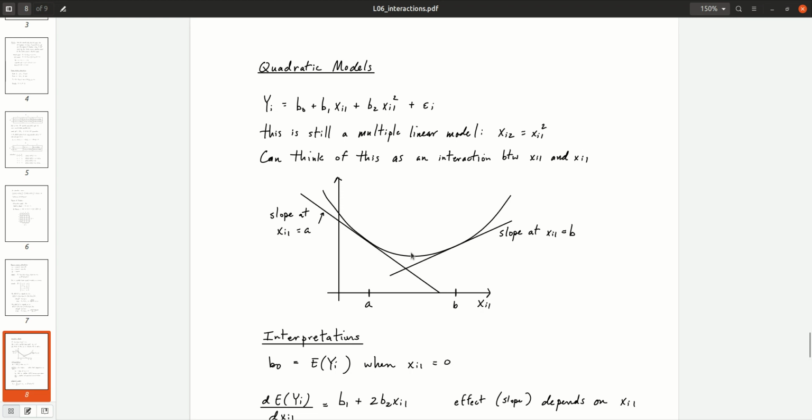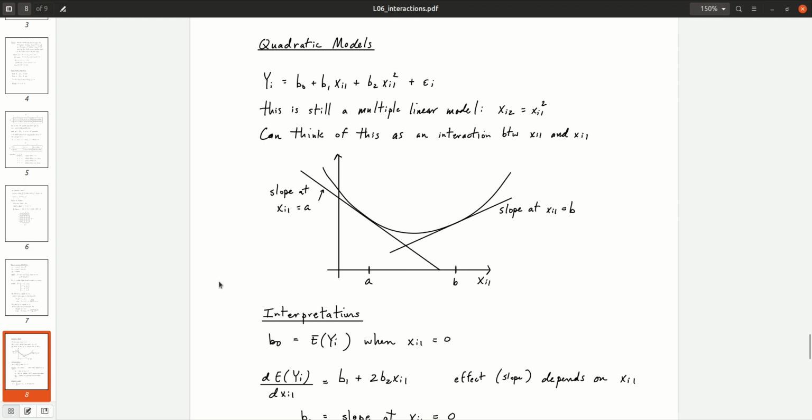However, because the quadratic curves, if we look at xi1 equals b over here, the effect of changing xi1 is to increase the expected value from here. So this is the reason I say we can think of it as an interaction with itself, because the effect of xi1 depends on the value of xi1. Here it has a negative effect of increasing xi1, and here it has a positive effect.